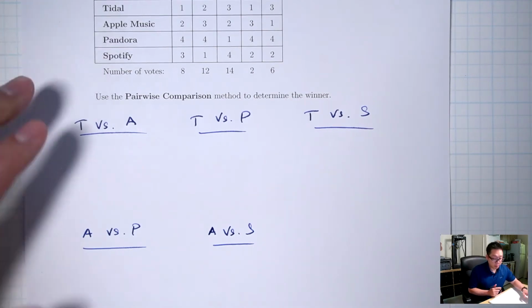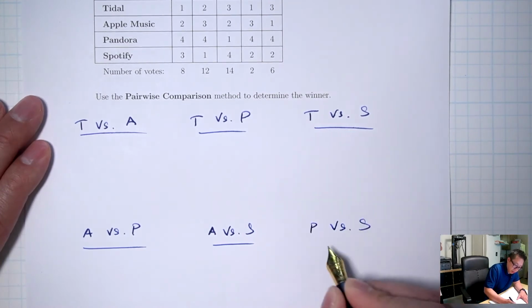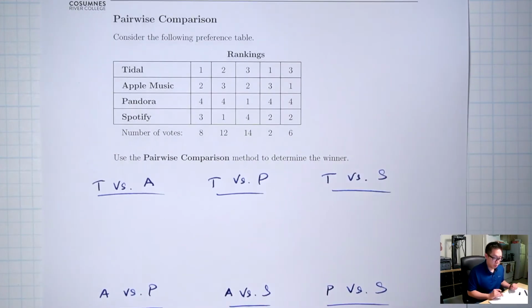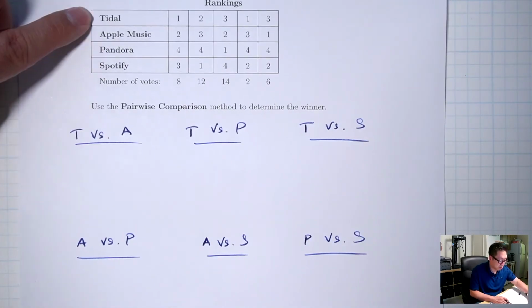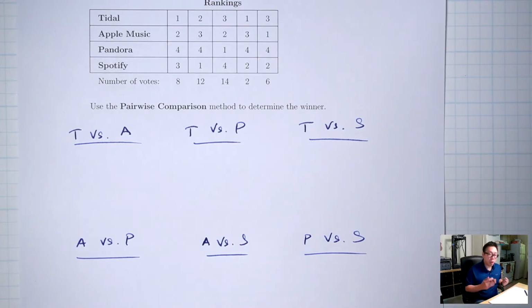Pandora versus Spotify. Is there anything else? I don't think so, right? You can say Pandora versus Tidal, but Pandora versus Tidal is the same thing as Tidal versus Pandora. So these are all of the one-on-one matchups out of these 4 music streaming services.